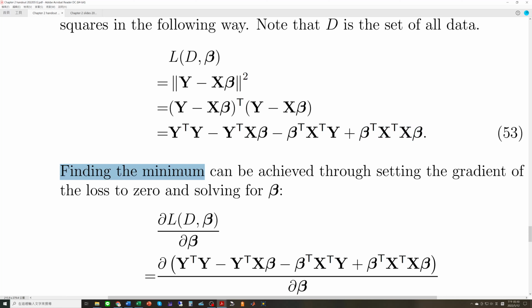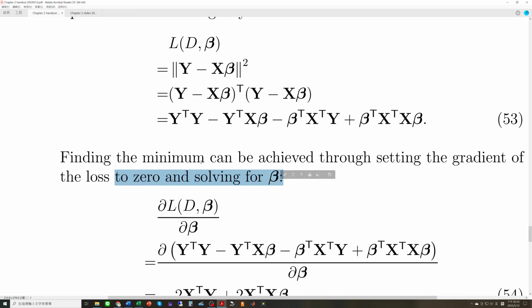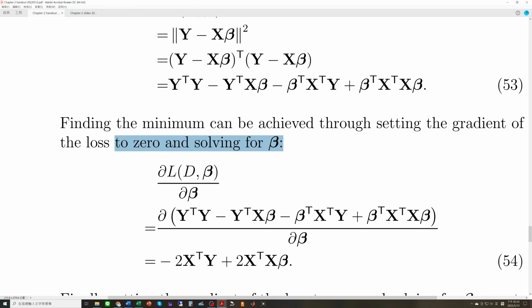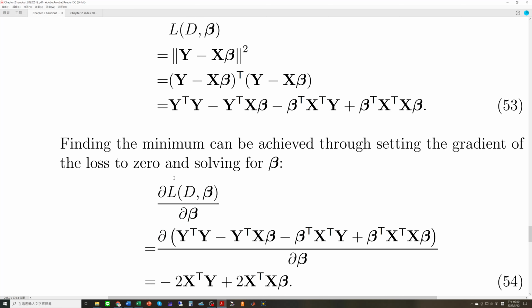Finding the minima can be achieved through setting the gradient of the loss function L to 0 and solving for beta. So we can see partial L of D beta over partial beta. First let us substitute equation 53 into here.